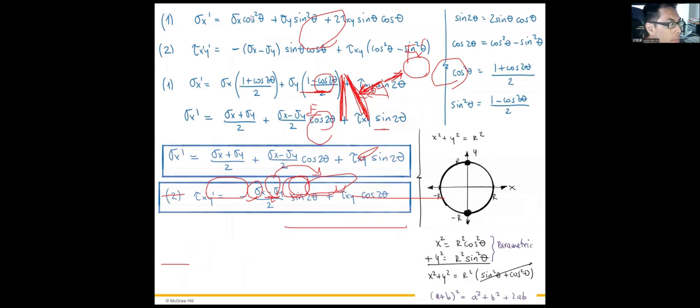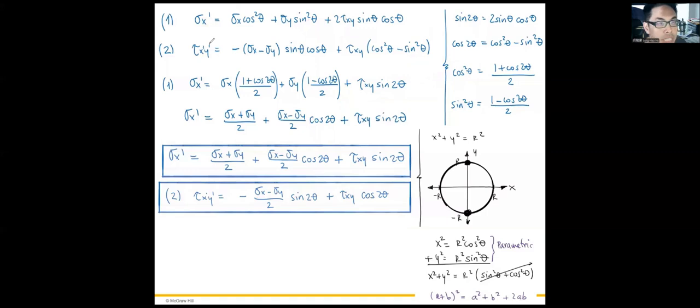And then we can figure out sigma x prime in terms of sigma x, sigma y, and tau xy, and tau x prime y prime corresponding to sigma x, sigma y, and tau xy, in terms of trigonometric equations. So we can use these trigonometric equations to transform sigma x prime and tau x prime y prime.